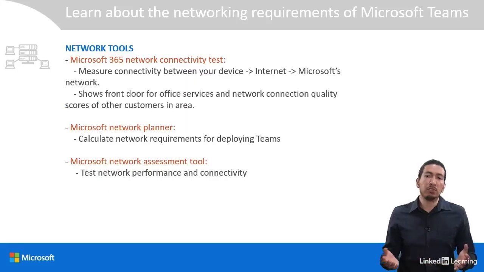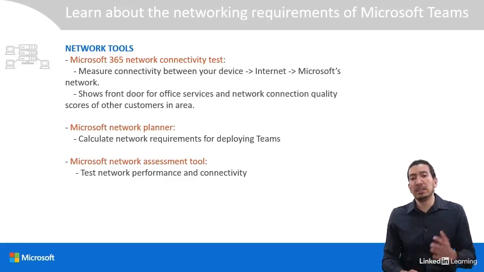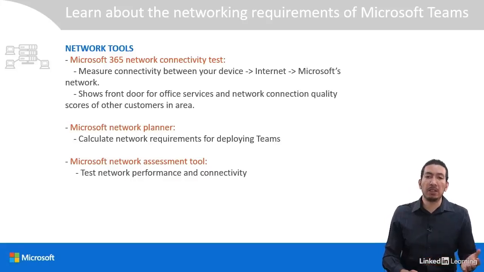And when it comes to troubleshooting your network, Microsoft provides several tools that you can use, such as a Microsoft 365 Network Connectivity Tool, which measures the connectivity between your device, the internet, and Microsoft's network.